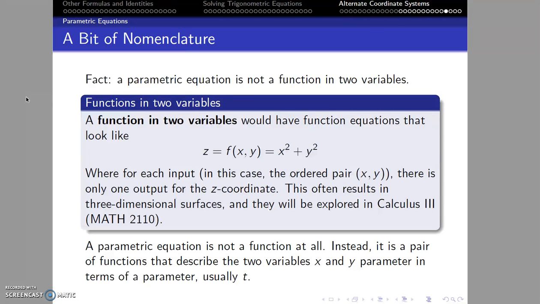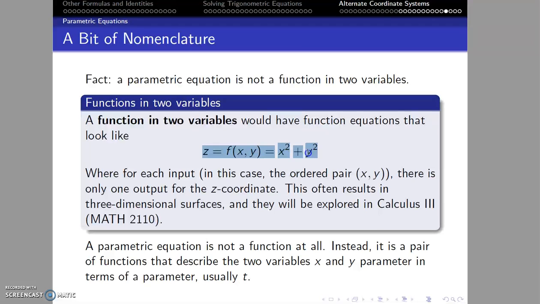Or even you can have a function in two variables, which you'll get to pretty deep in your math experience, where you start having equations in more than one variable. So for a function in two variables, you have two different inputs. Three variables, you have three different inputs, and so on. And what happens there is for every unique set of inputs, you have exactly one output.